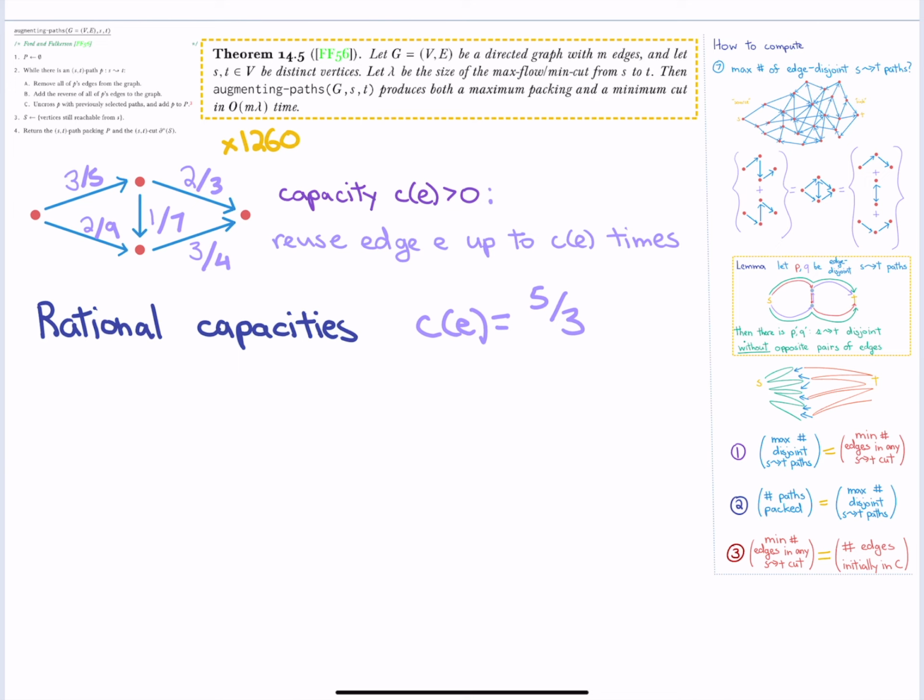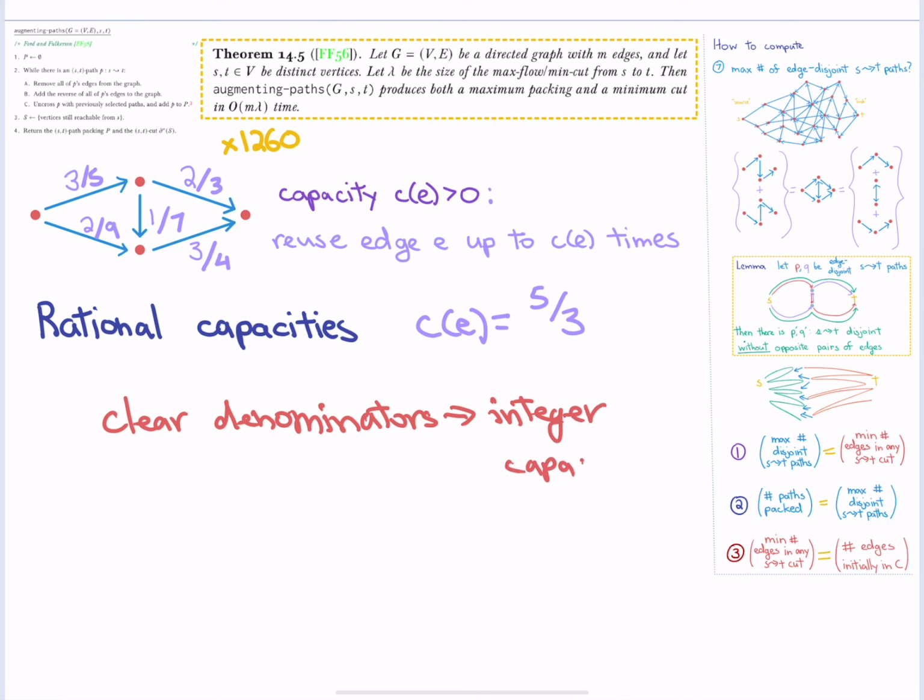So we can clear denominators, and that'll make everything integer capacitated. And then we can apply the theorem we just did for integer capacities, which says the maximum amount of paths you can pack is equal to the minimum capacity of any cut.